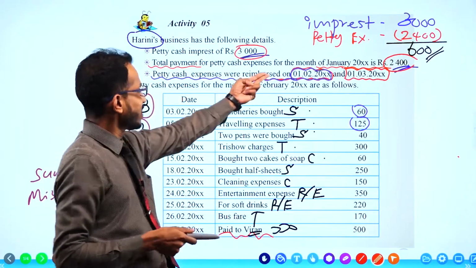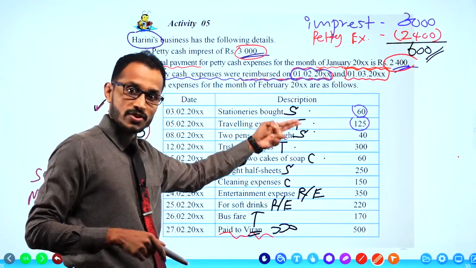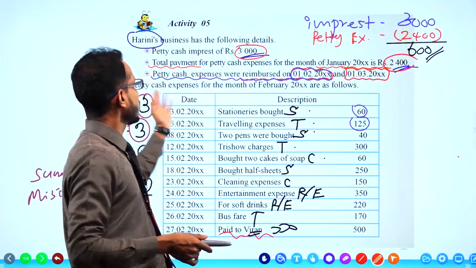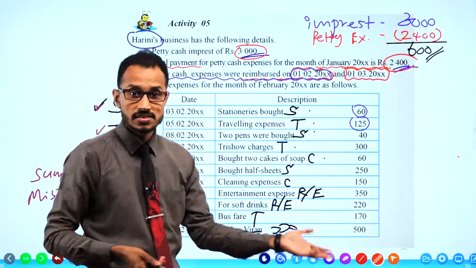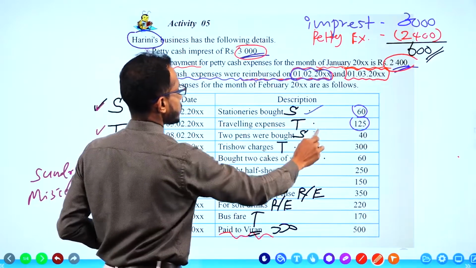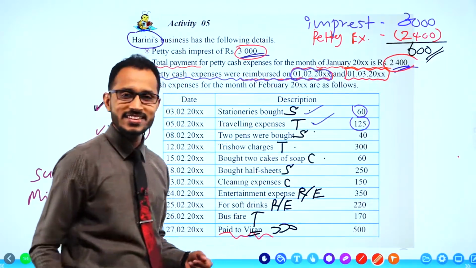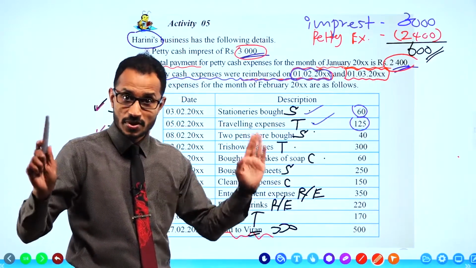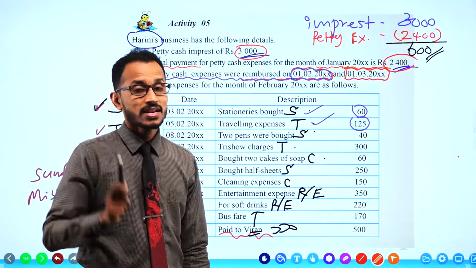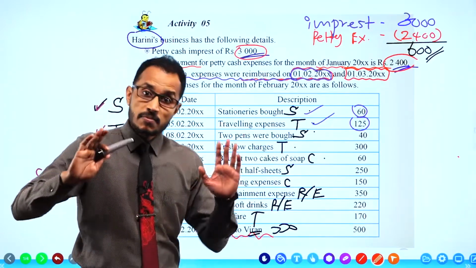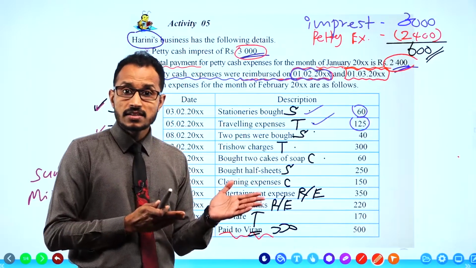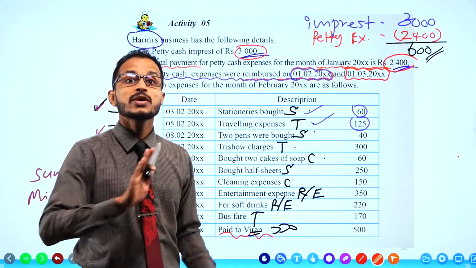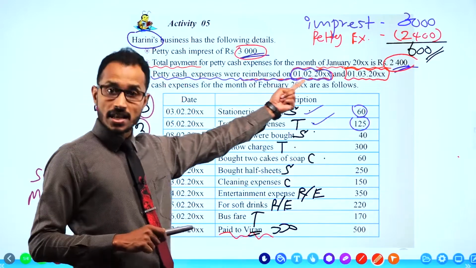That's how we make mistakes, right? We just went on recording the expenses, taking the stationeries and then the traveling one by one. You don't record the expenses first. If you have a balance, you record the balance. Now we have a balance.